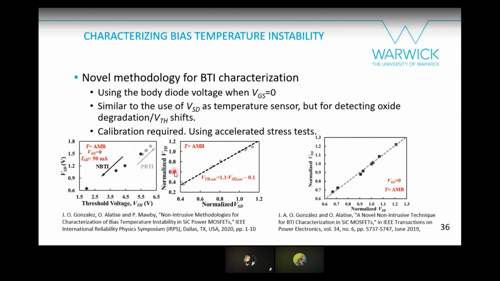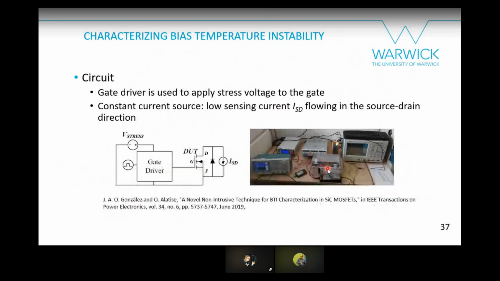You just normalize that, and you have the relation between VSD at a fixed temperature and the threshold voltage. These are for two devices, so you have to calibrate this for each device, as the devices are different if you're going to use devices from different manufacturers. So you have different calibration relationships between VSD and VTH.